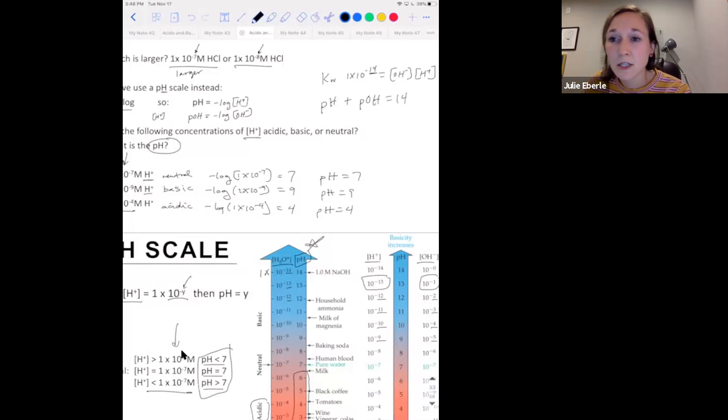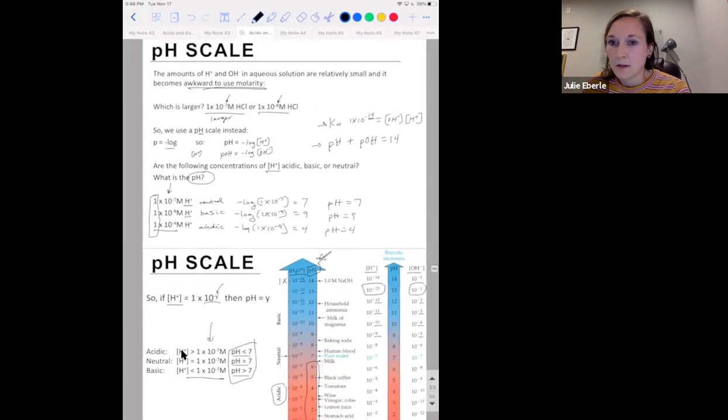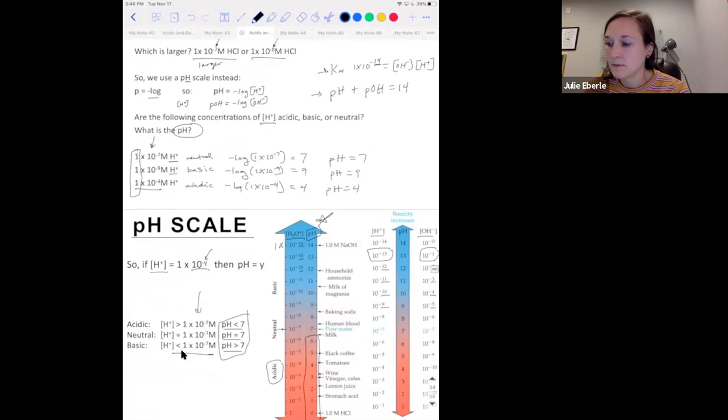So whatever pH is and whatever pOH is, those will always add up to 14. And we will use these equations a whole lot in the coming problems. So I'll probably supply these equations on your resources page as well for exam 4.